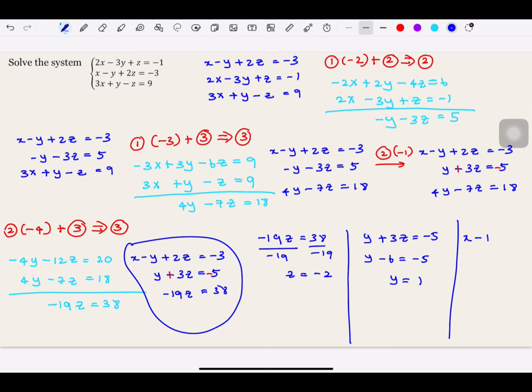Negative y is negative 1, and then this is going to be a negative 4 equals negative 3. So x minus 5 equals negative 3, x is equal to 2. So the solution for this system of equations is x equals 2, y equals 1, and z equals negative 2.